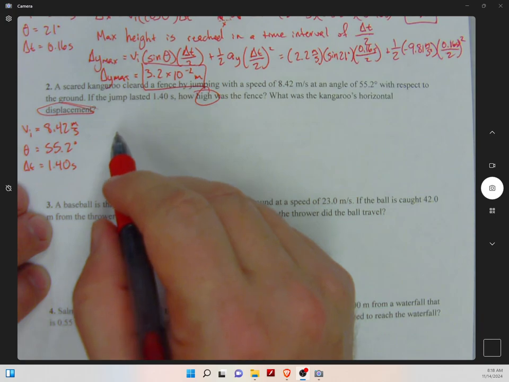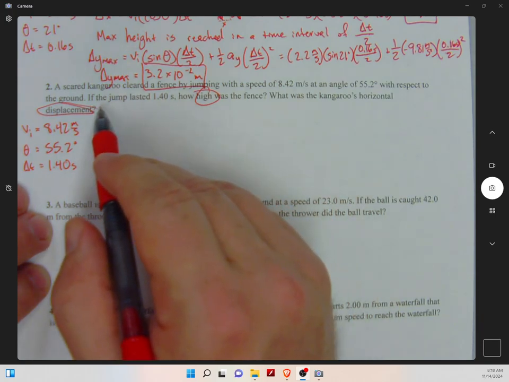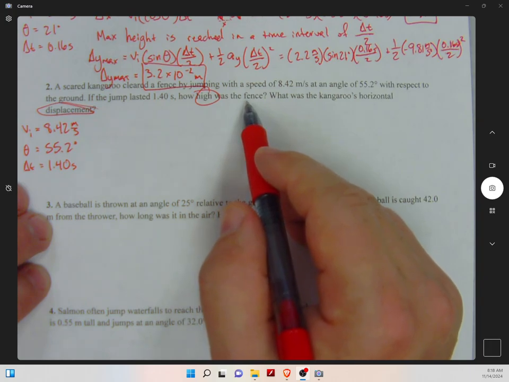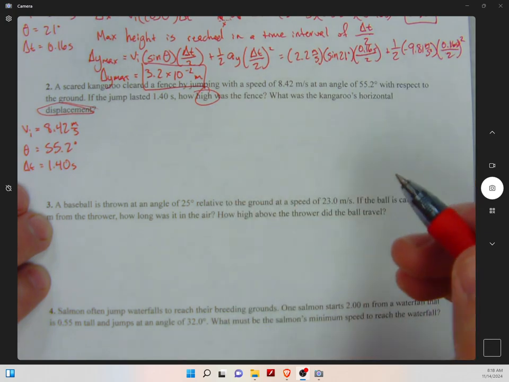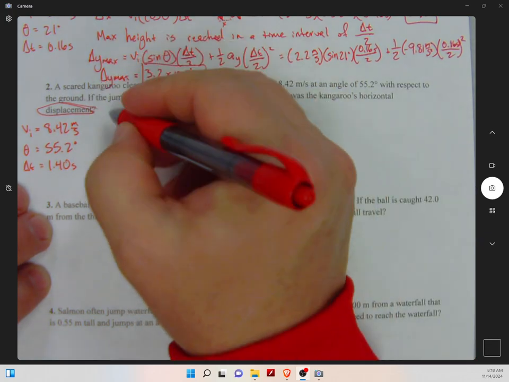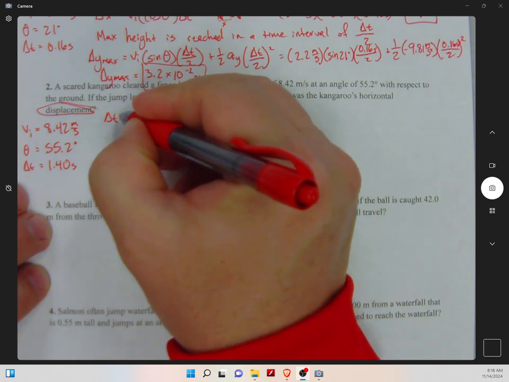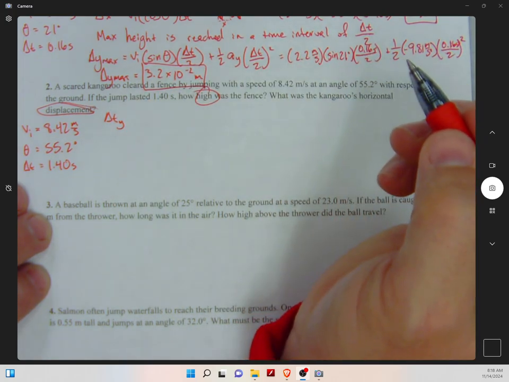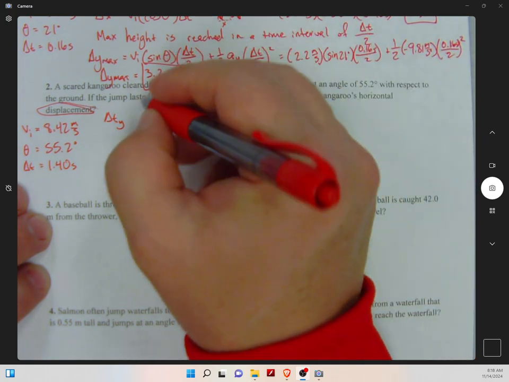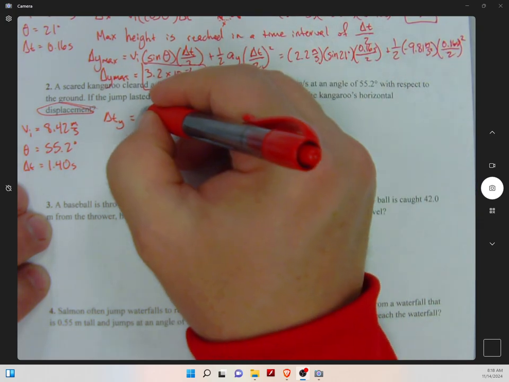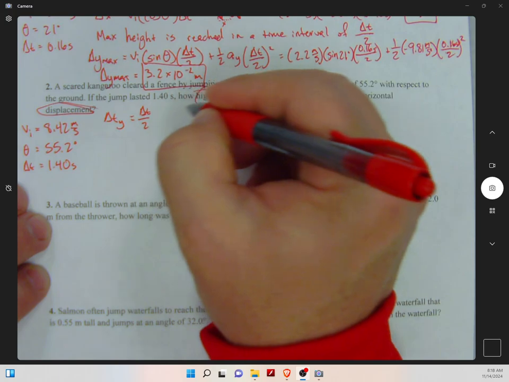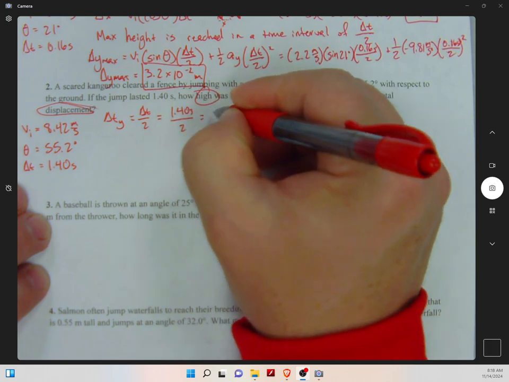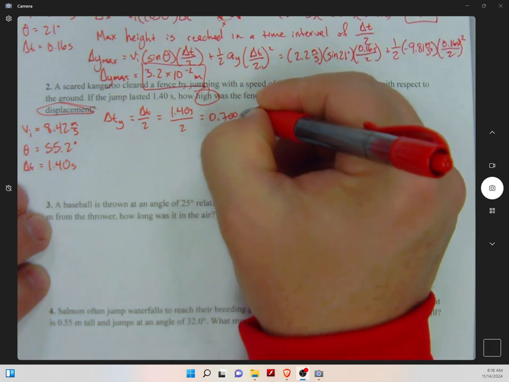Now, if we're looking for how high was the fence, again, that's going to be our y max. And we know that the delta t for the y max is going to be half of the delta t, which is 1.40 seconds divided by 2, which ends up being 0.700 seconds.